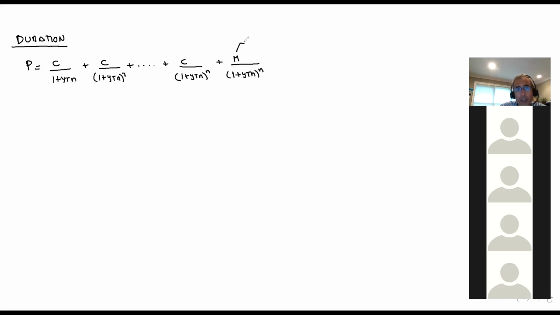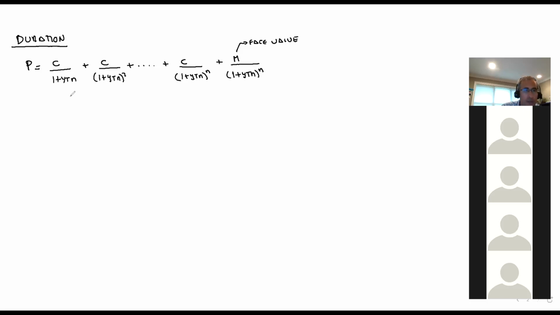So this one here is my face value. Do you agree? This is the formula of the price.